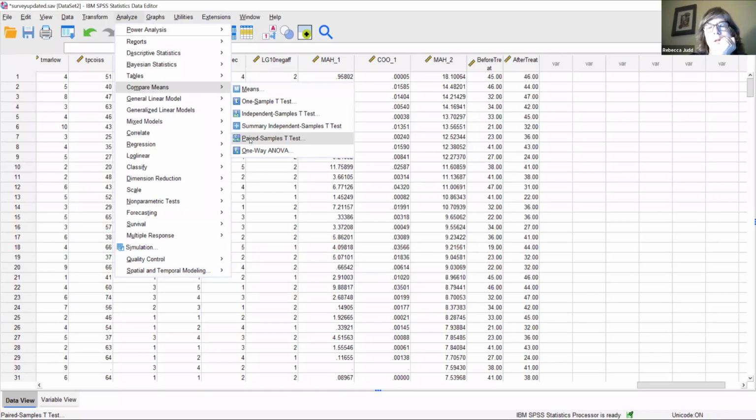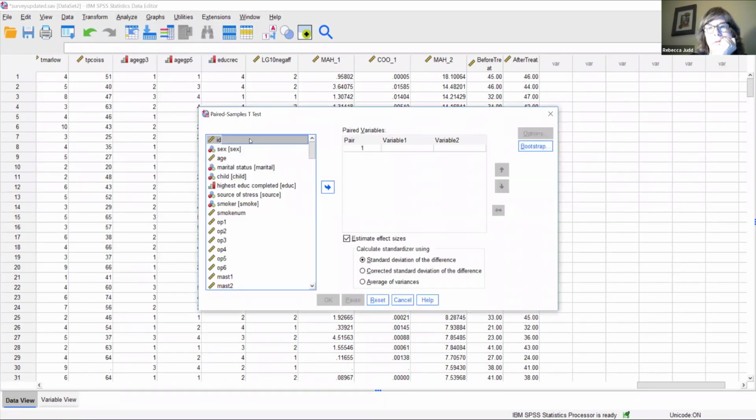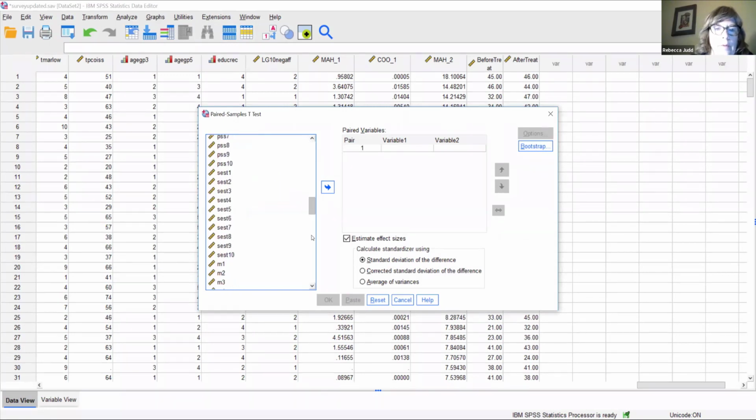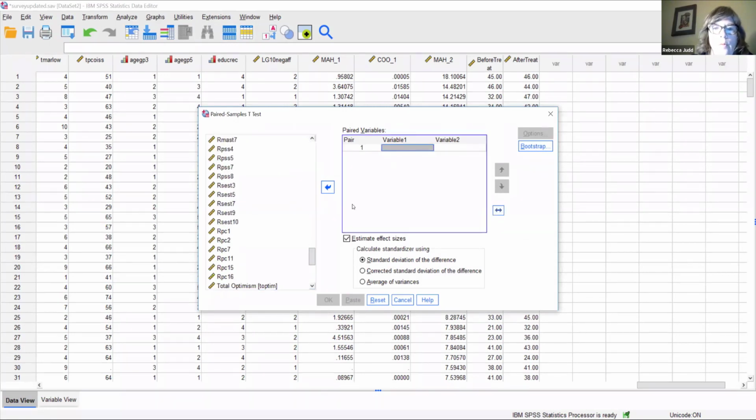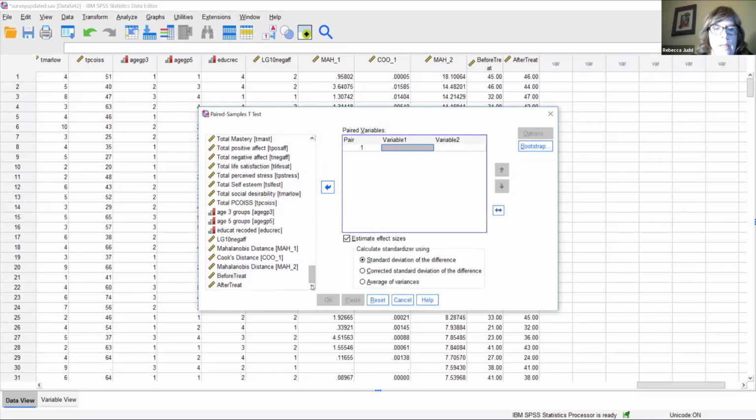So you click on paired samples t-test, okay? Variable 1 is going to be before treatment. Move that over. And variable 2 is going to be after treatment. And we have just one. It's going to be for everybody.